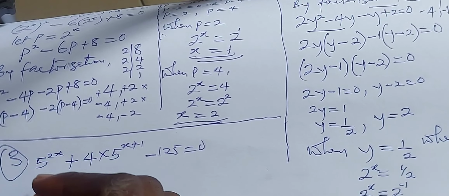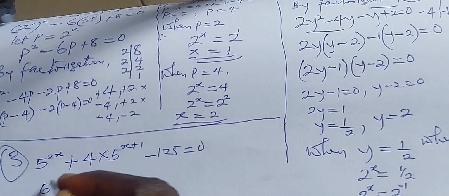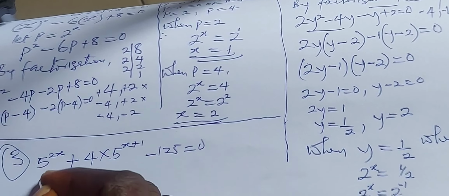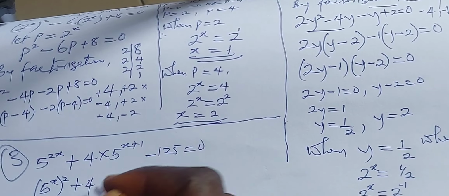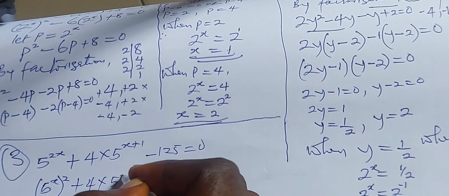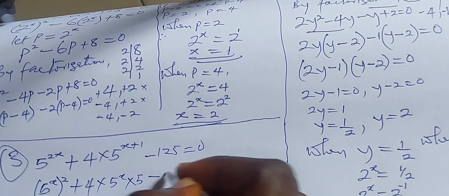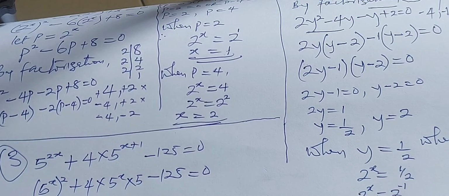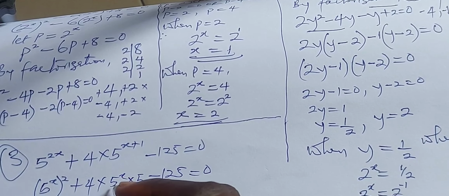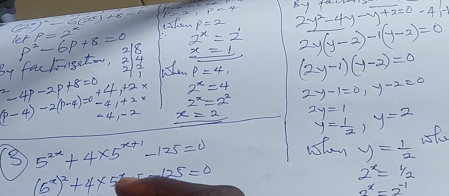We can rewrite this expression as (5 raised to the power of x) all squared, plus 4 into 5 raised to the power of x multiplied by 5, minus 125 equals 0. So whenever we see 5 raised to the power of x, we substitute with another letter.